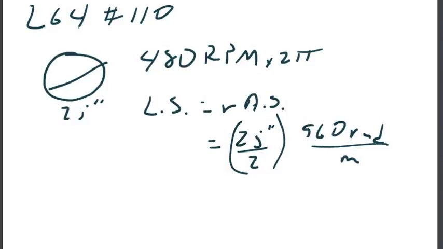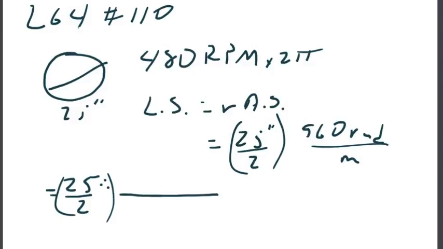Well, that's a lot of fun, right? So 25 over 2 inches. We've got to divide by what? 5,280 feet in a mile, and 12 inches in a foot. Am I going the right direction, or should I be multiplying?